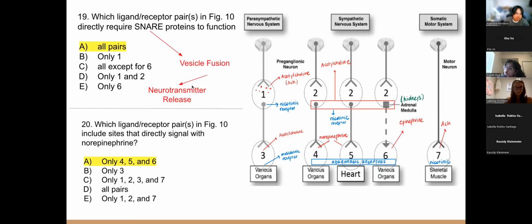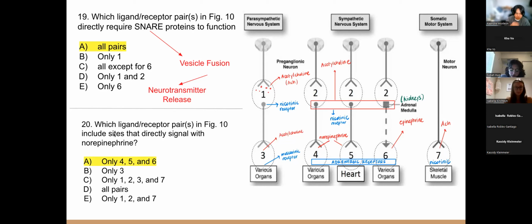Remember the function of SNARE proteins is to regulate vesicle fusion with the membrane so that you can release neurotransmitters. Since all of these are related to the release of neurotransmitters, if we don't have SNARE proteins, we can't release neurotransmitters and therefore we cannot transmit signals throughout our body. So in this case, it's going to be all pairs.